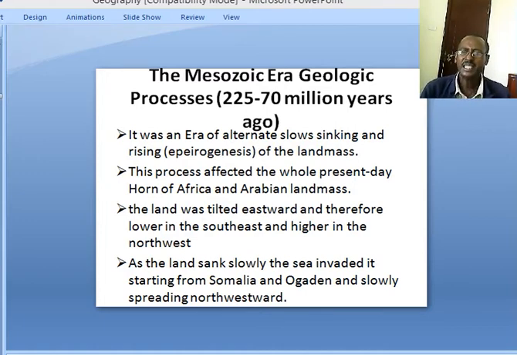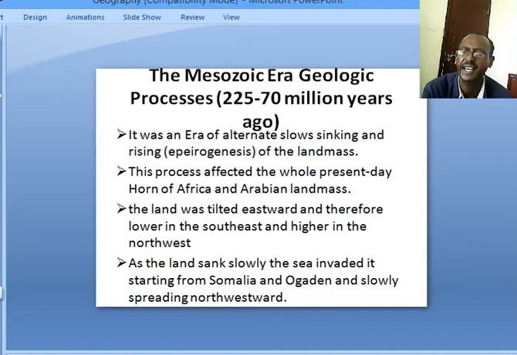As the land sinks slowly, the sea invaded it, starting from Somalia and Ogaden and slowly spreading northeastward. Why? Because it's a lowland, it sinks, so the water from the sea starts to invade it.